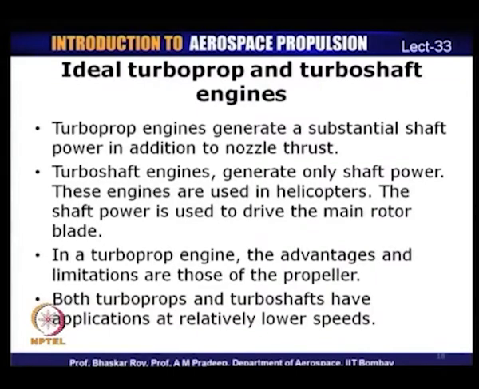And so, both these types of engines, turboprops as well as turbo shaft engines, are primarily limited to relatively lower speeds, because at higher speeds the compressibility effects come into the picture, and that could lead to an increase in losses because of compressibility effects and shocks, which could occur at the tip of the propeller or the blades. And so, their applications are limited to relatively lower speeds, but they are still not very low speed, but relatively lower than a turbofan or a turbojet engine.